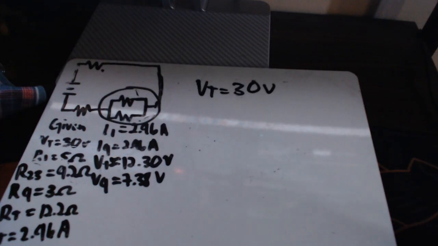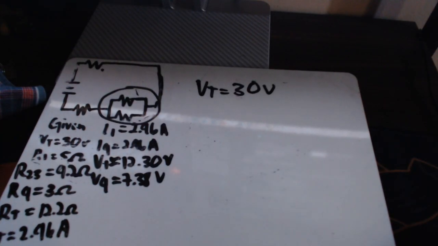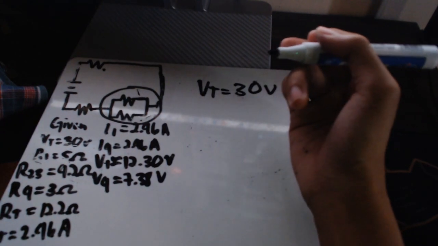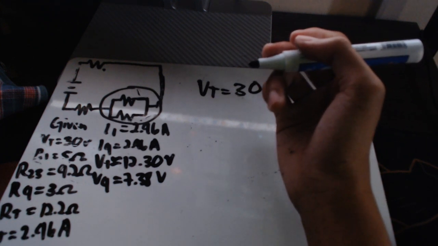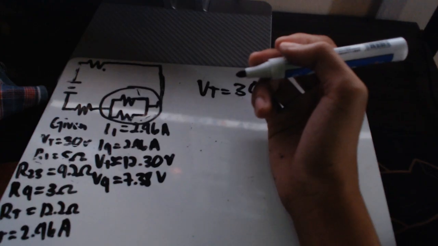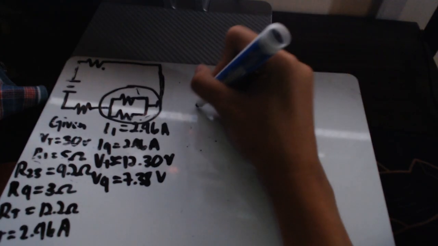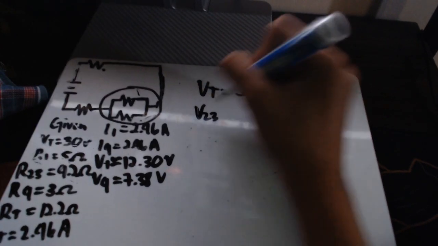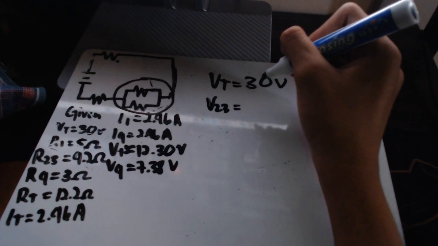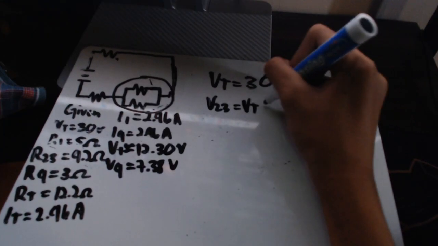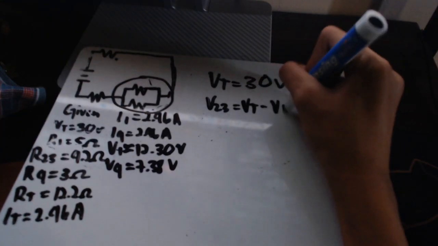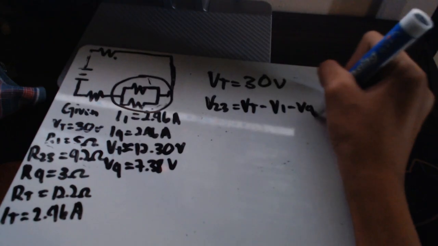We already used approximately 12.30 volts across R1 and 7.38 volts across R4. So this is the formula for finding the voltage across R2 and R3: V total minus V1 minus V4.